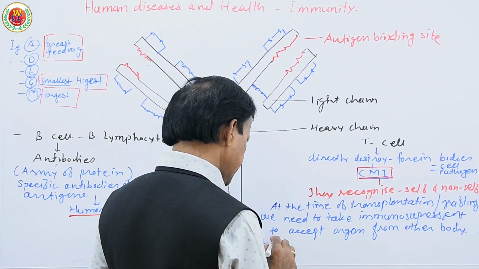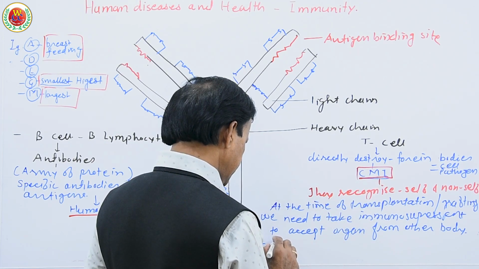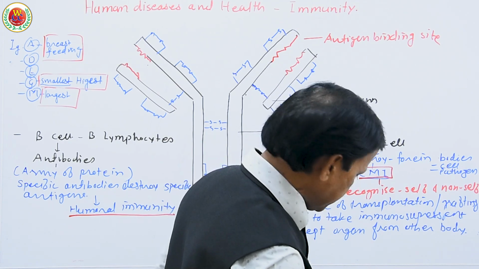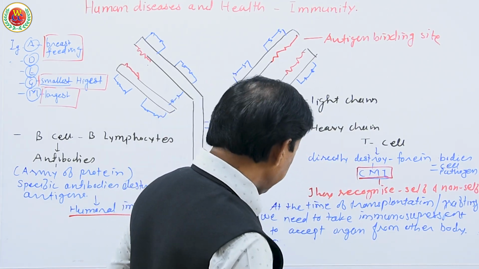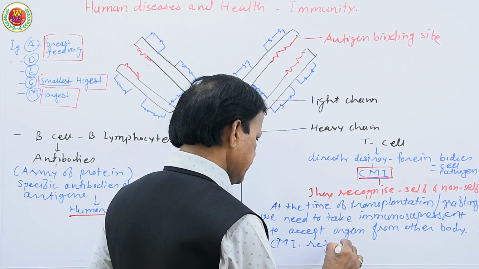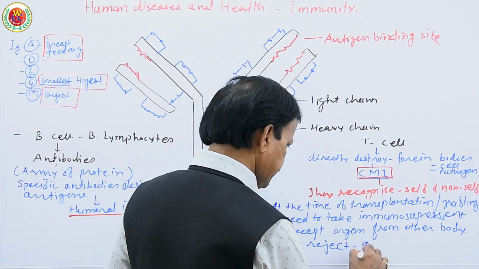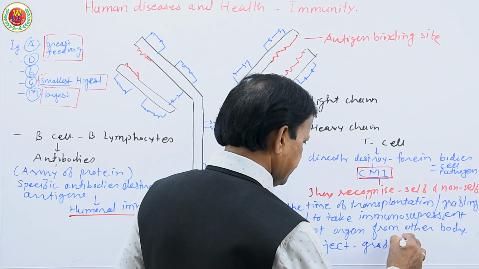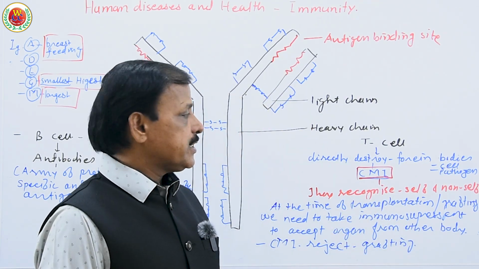Otherwise these protective cells, cell mediated immunity, CMI, in short I write, cell mediated immunity, reject grafting. So we need to take immunosuppression.